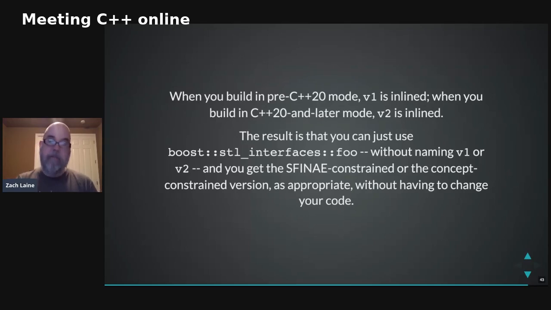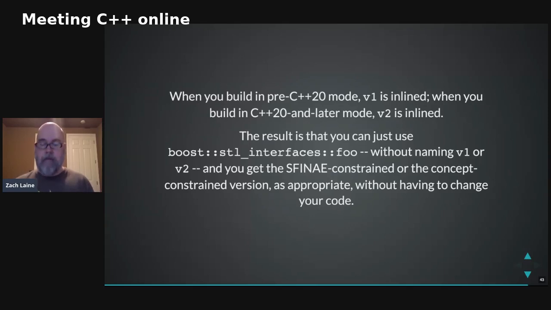When you build in C++20 or later, the V2 namespace gets inlined. And it's not quite that simple. If you're building in C++20, the compiler also has to advertise that it actually has the ranges library with all the concepts in it. So it's not going to break your code if you're compiling with a compiler that doesn't have that yet. So the result is that you can just write Boost.STLInterfaces foo for any template foo, and you're going to get the V1 or the V2 silently without changing any of your code, depending on which mode you're building in.